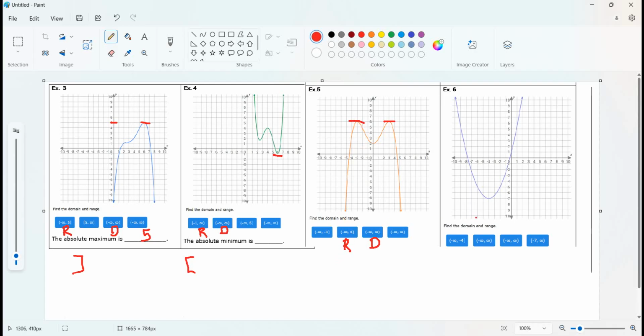Then on this one, the domain is going to be all of the x values, negative infinity to infinity, and the y values are going to stop at -7. So it's going to be this one, -7, onward up to positive infinity.